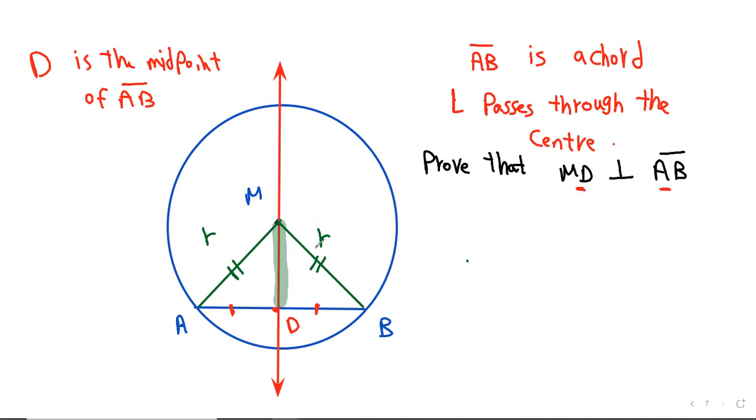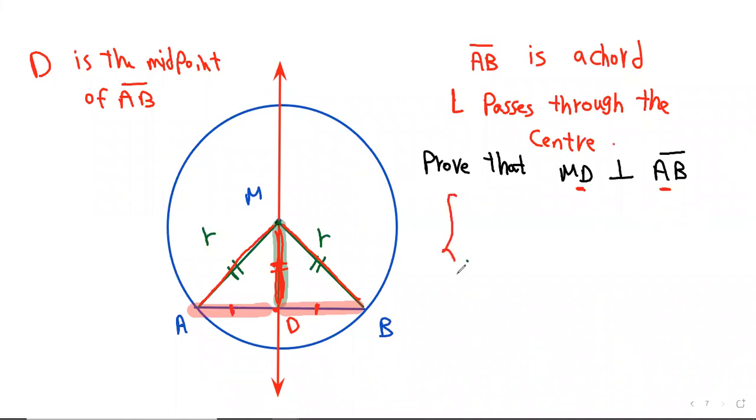We have here in two triangles, we have two radii. MB is a radius and MA is a radius. And we have MD. MD is a common side in the two triangles here. And we have the point D as the midpoint of AB. So DB is equal to DA. So here we have two congruent triangles because the three sides are equal.